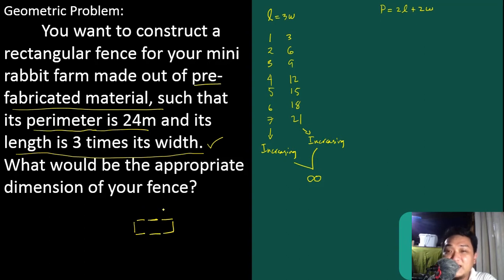O parang idinagdag lang natin yung lahat. Dalawang length plus dalawang width. And given the perimeter, which is 24 meters.